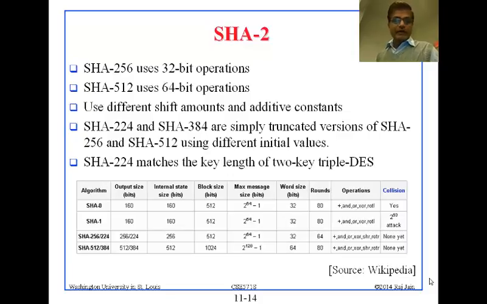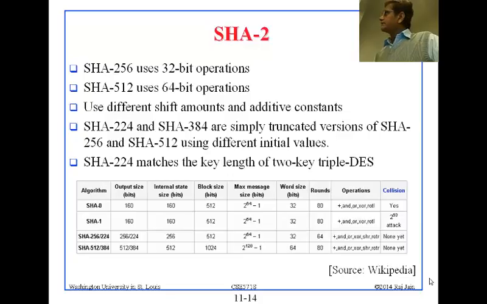Anyway, so this table here summarizes all these SHA-0, SHA-1, SHA-2s. Now SHA-2 actually really has two versions, 256 and 512. And so the internal state, besides SHA-1 which was 160 bit, here it is 256 bit and 512 bits.